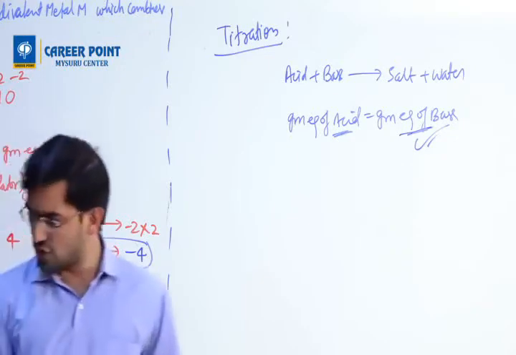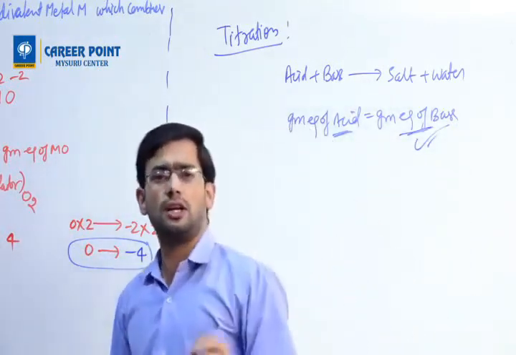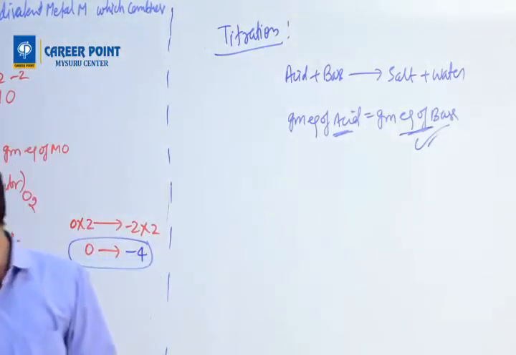Yes, it will be equal to the gram equivalent of salt also. In a chemical reaction, whatever is written, the gram equivalents are all equal. 1 gram equivalent of one is equal to gram equivalent of any other thing.